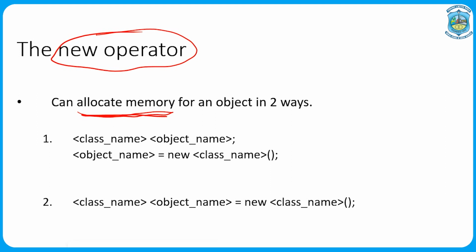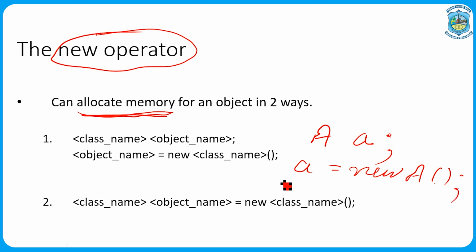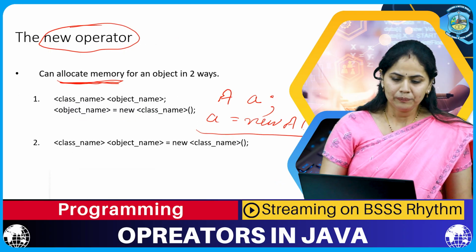Let the program's class name be A. I am making an object with the name a, terminated with a semicolon. Then object name a is equal to new class name A, parentheses, then terminate. This is the first way, the general syntax of the new operator.